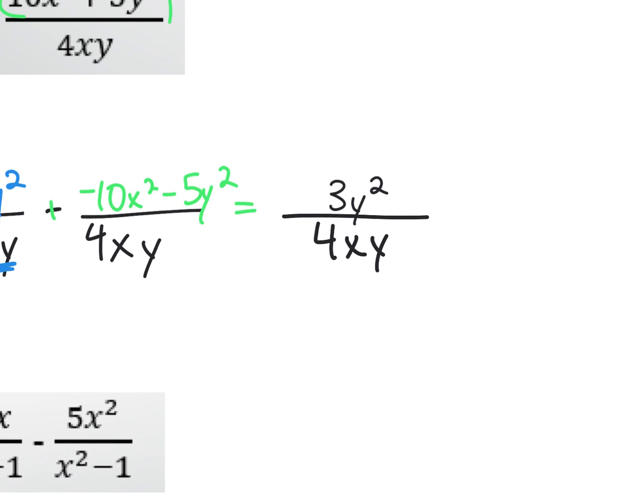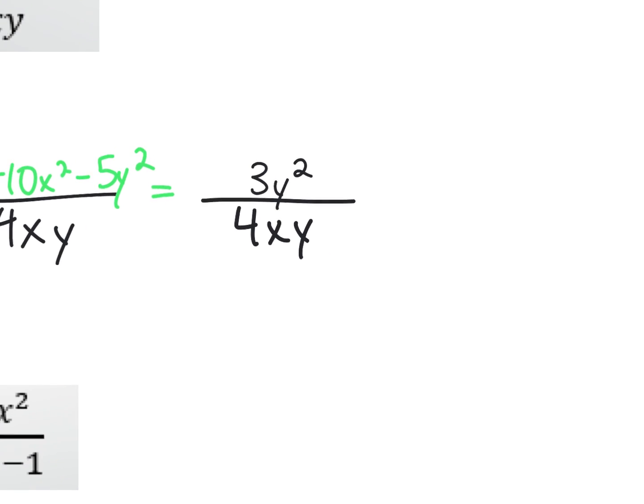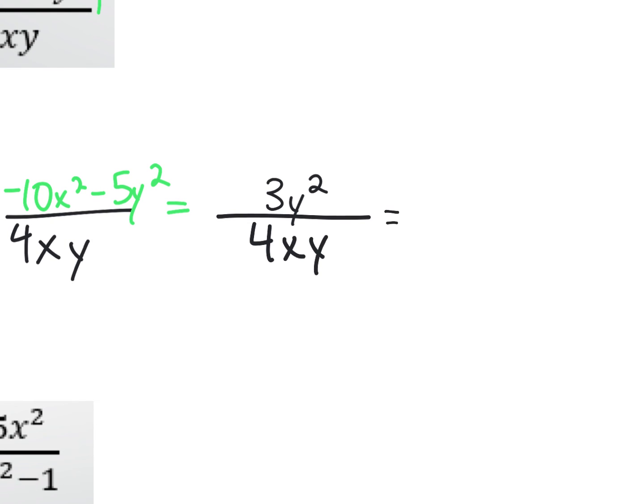I would count that right on the test. However, I might even give a little bonus point if you could see that this can still be simplified. There's one more thing I can do here, since these are both monomial terms. The 3 over 4 is not going to simplify. Can't do anything with the x. But what about y squared over y? Don't we just subtract the exponents?